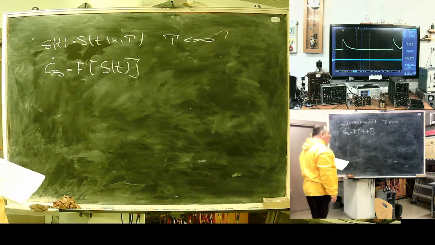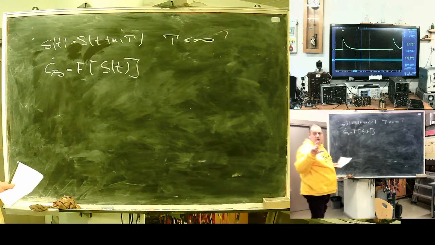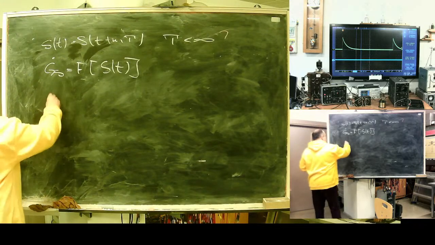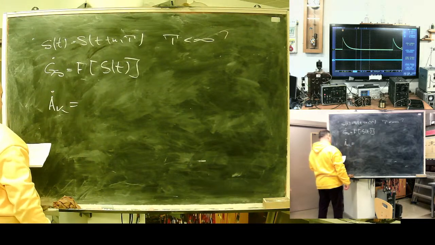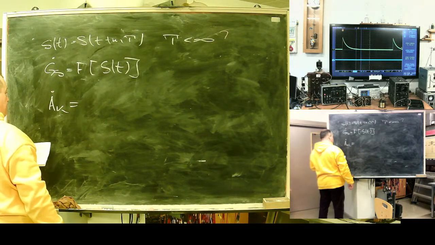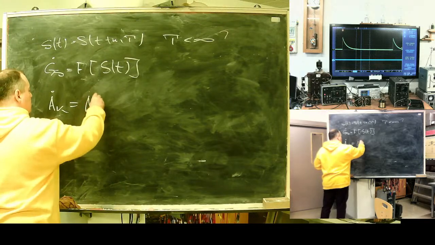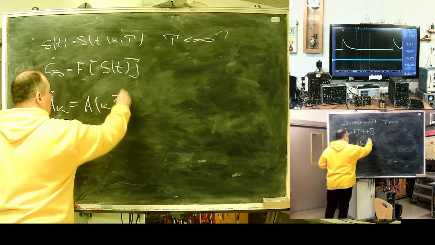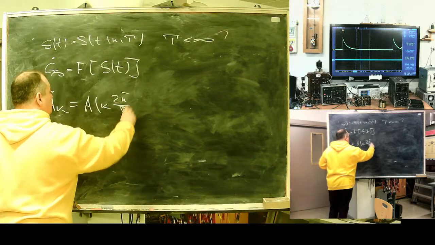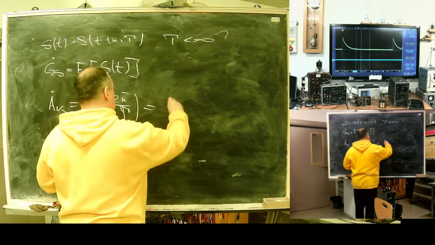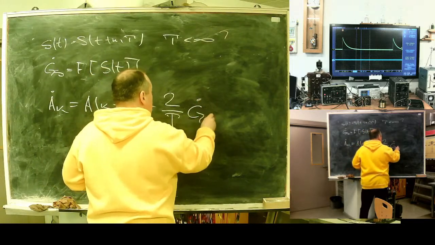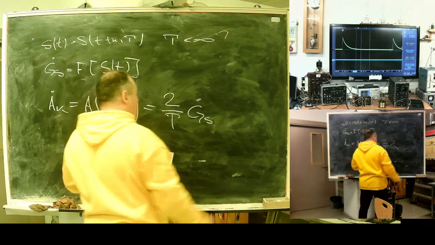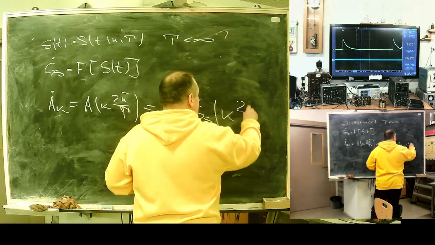What will be the value of the harmonic coefficients? Easy. Ak will be the harmonic at a frequency k times 2 pi by time, or 2 divided by period times the value of the spectral function at the frequency k times 2 pi.